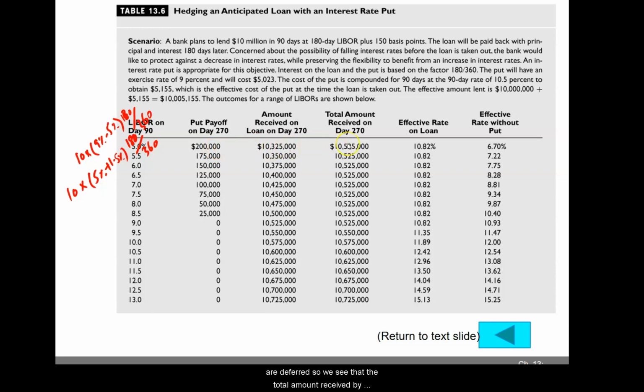So we see that the total amount received by the lender will be the amount received from the spot loan plus the amount received from the payoff on the put option. So that is 10.525 million.